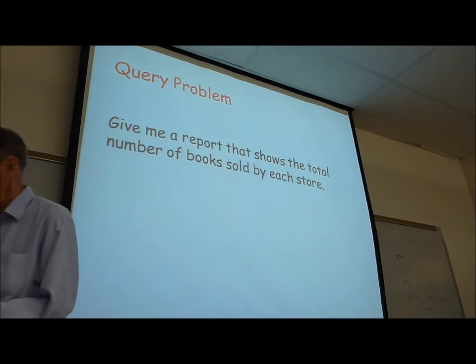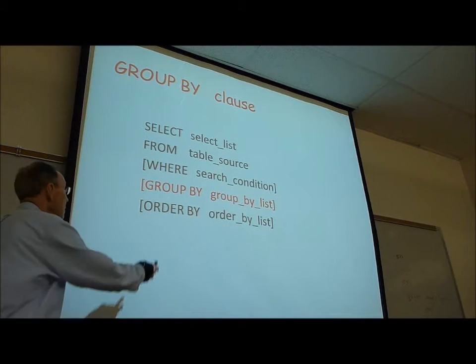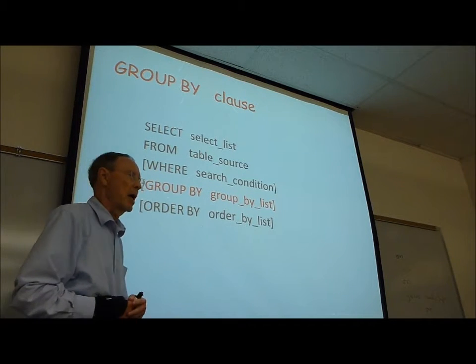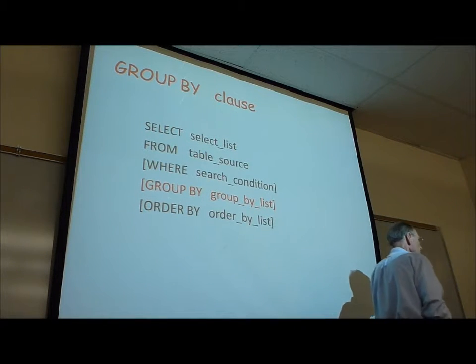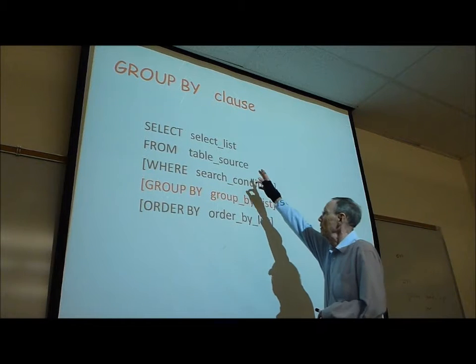All right, so now we're going to add actually a new clause in here. And this is going to be the group by. What this does for us is it allows us to group our result set by some criteria in our group by list, and then we'll do the sum in our particular case, or whatever is required in the select list.